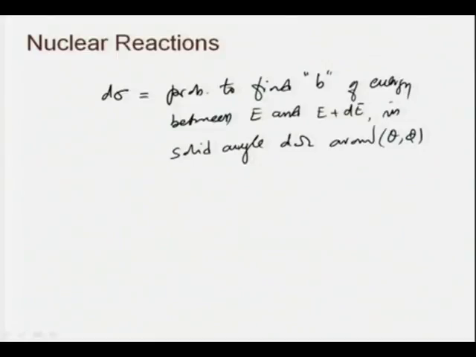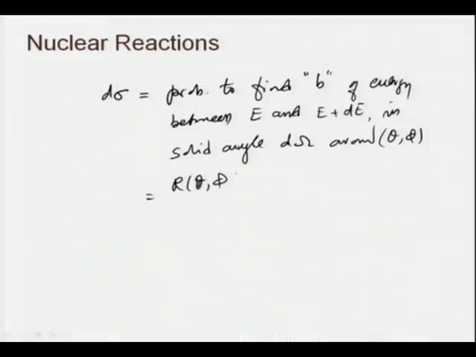This can then be written as r theta phi E, where we are counting only the particles of type B coming out with energy E, divided by f n. The flux of the beam and the target number density remain the same, and then you multiply by d omega and dE.